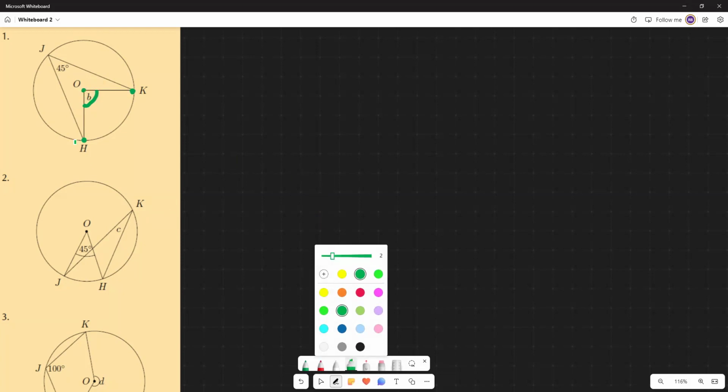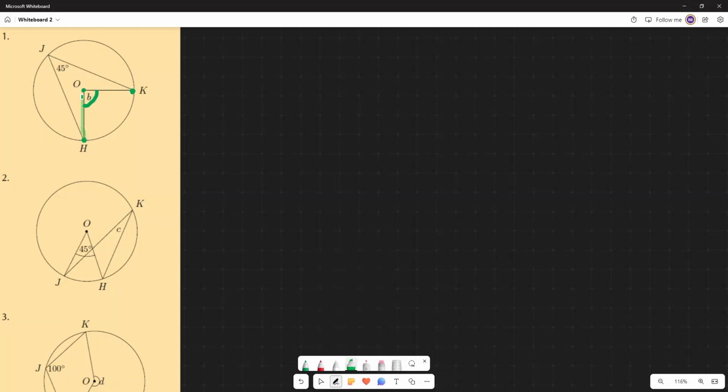They all move from H. There's also that line which moves from H and ends there. And this side moves from K and ends there.